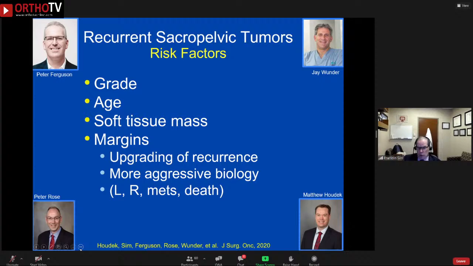Those patients with a soft tissue mass had more adverse outcome. The surgical margins and the grade impacted local recurrence, and local recurrence in turn impacted survival by upgrading the biological activity, becoming a higher grade, and with the aggressive biology, put the patient at risk for metastasis and death.